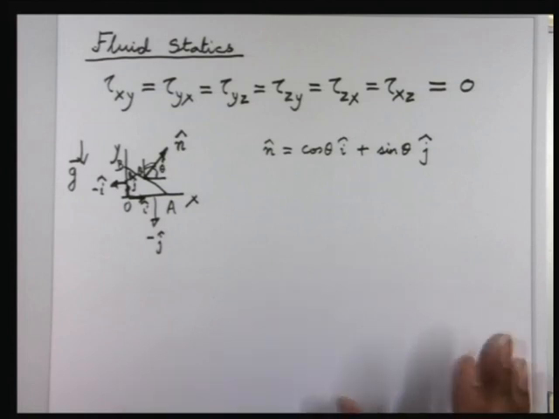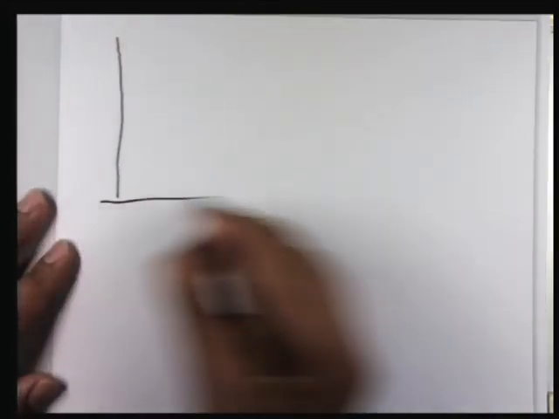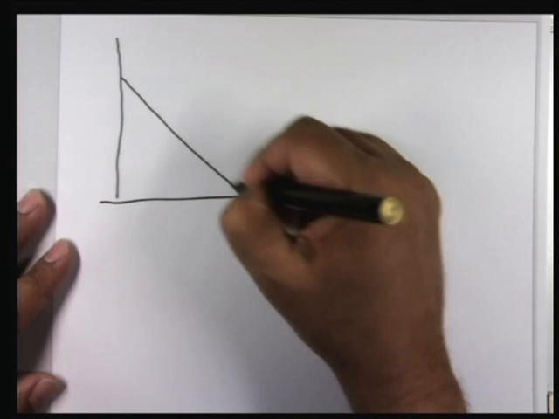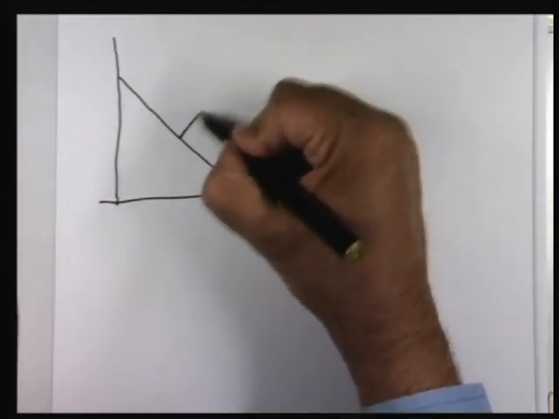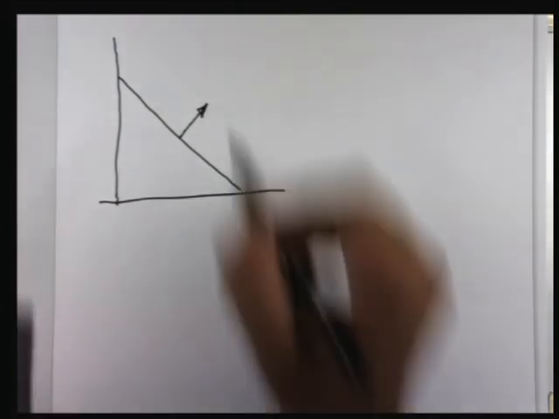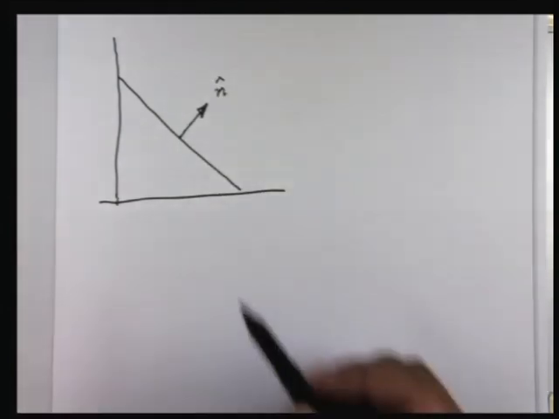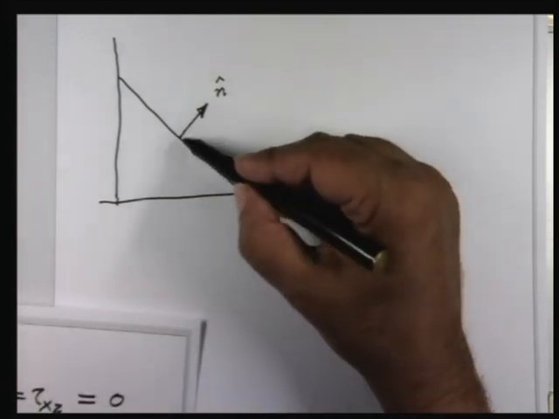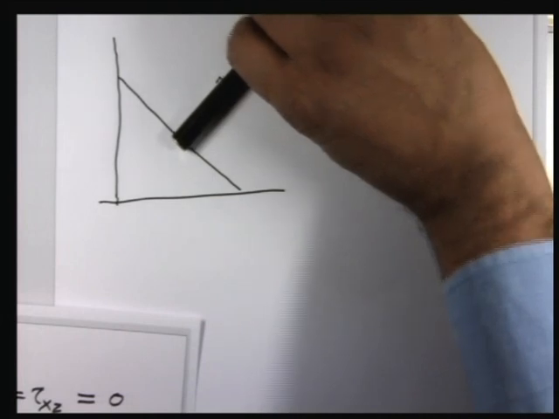So I'll draw a bigger figure. This is the inclined surface described by this unit normal n, and there's going to be a force on this surface, the surface force, which is going to be perpendicular to this surface.